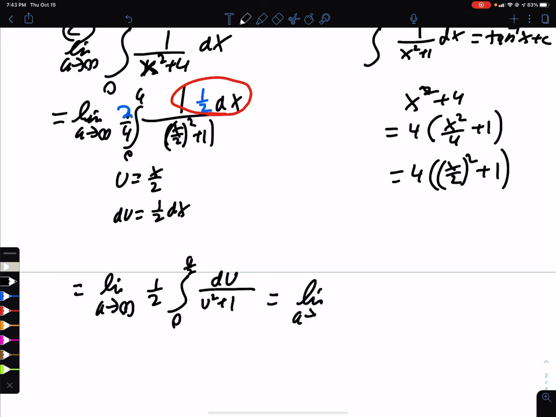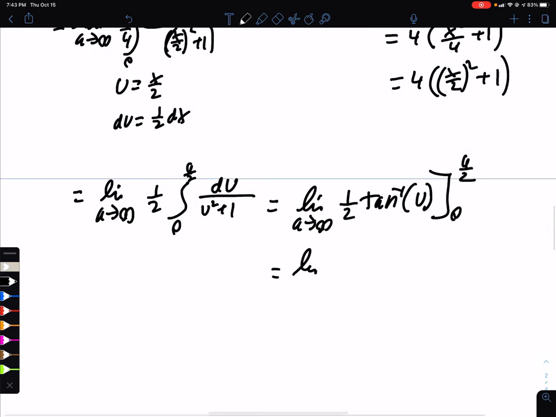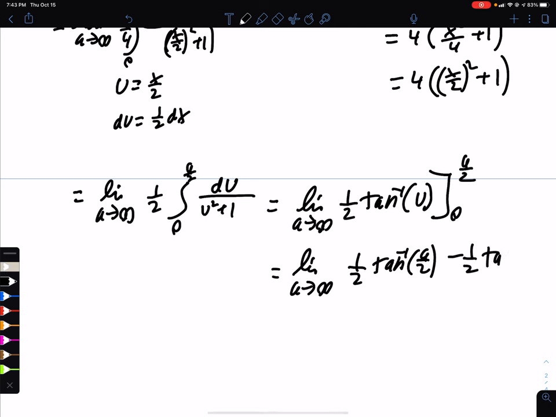Now we get arctan of u from 0 to a over 2. Let's do this. Arctan of a over 2 minus arctan 0. Let's do the second half. What angle has a tangent of 0? 0. That's just 0. That's easy.